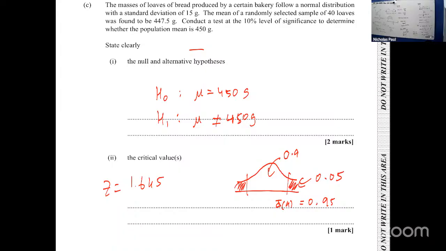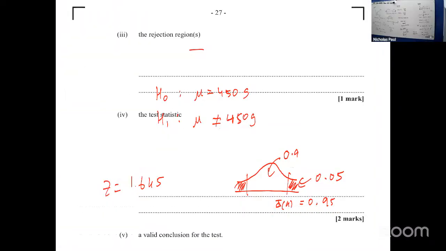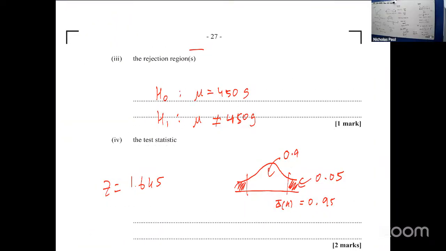We've only found the critical value, not the rejection region as yet. The rejection region is where you tell them more than and less than. Turn the page, go to the next slide. What would the rejection region be?